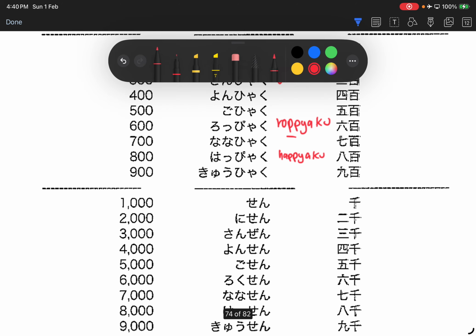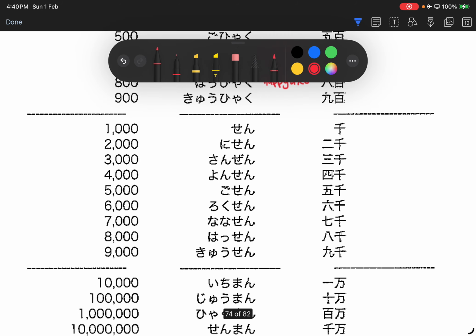So far so good. Now let's go to the thousands. 1000, right? Sen. If you want to specifically say 1000, for example, a $1,000 note, we will say isen. Okay, let me write this somewhere. So isen.